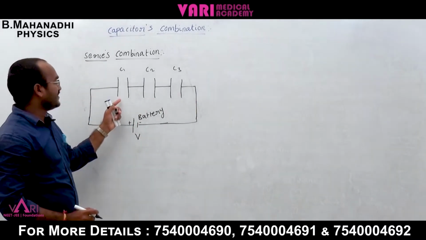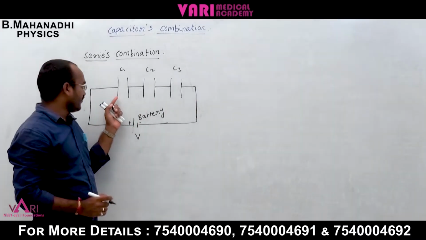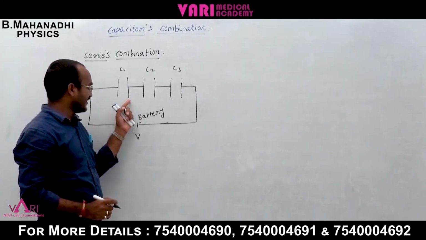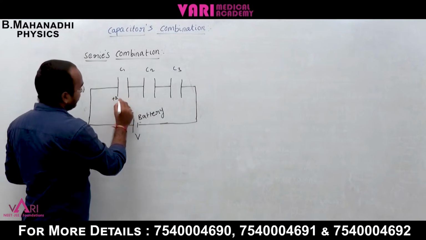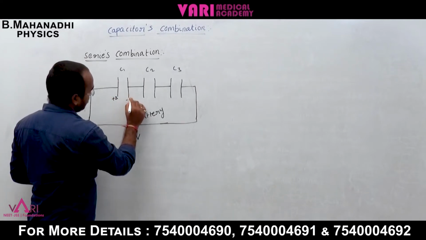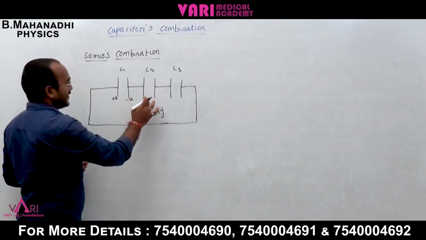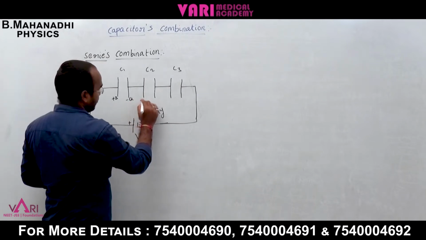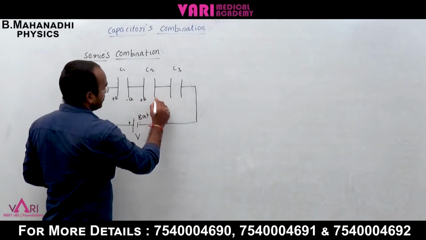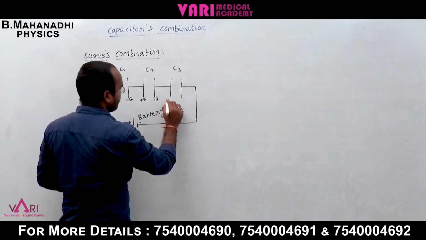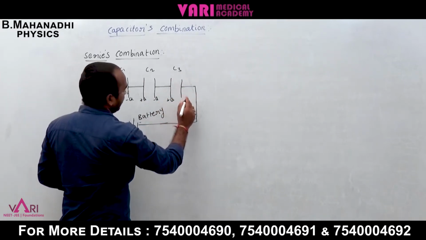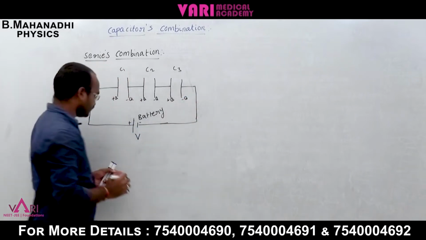Each capacitor has two plates, one positive plate and one negative plate. On C1 the positive plate has charge plus Q and the negative plate has charge minus Q; on C2 the positive charge plus Q and negative charge minus Q; and on C3 the positive charge plus Q and negative charge minus Q.